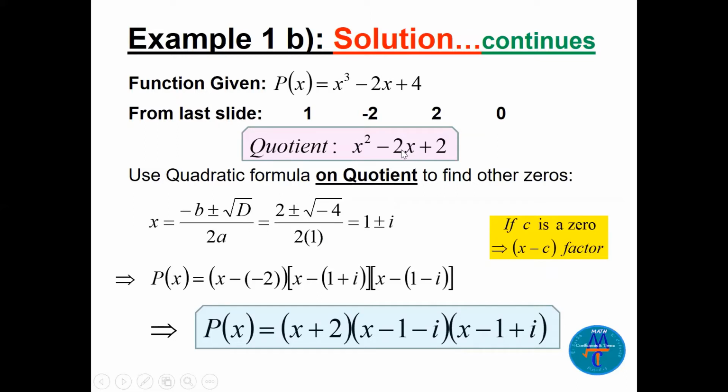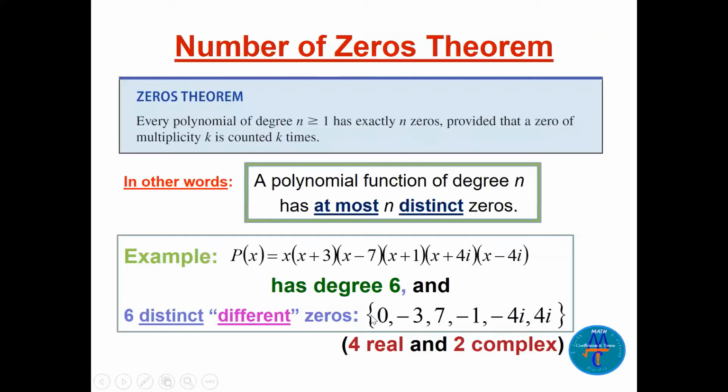In this case, I cannot factor x squared minus 2x plus 2, so I use the quadratic formula, which gives 1 plus or minus i. Now I know if c is a zero, then x minus c is a factor. We know that. Then I can write x minus, this is the first zero, minus 2, x minus the second zero, 1 plus i, x minus the third one, 1 minus i. Then this is the complete factorization.